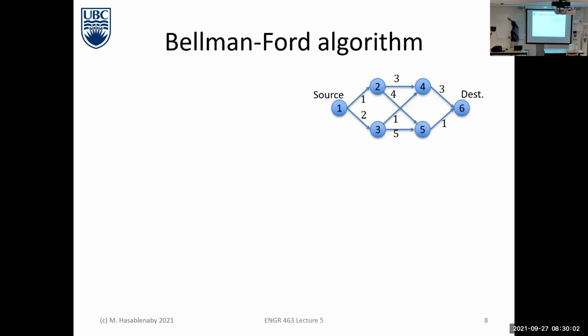If I go to node 2, the cost of this link is 1, and I will add it to the path cost from node 2 in the previous iteration. So I will add 1 to infinity. This is the cost of the first way from node 1 to the destination.